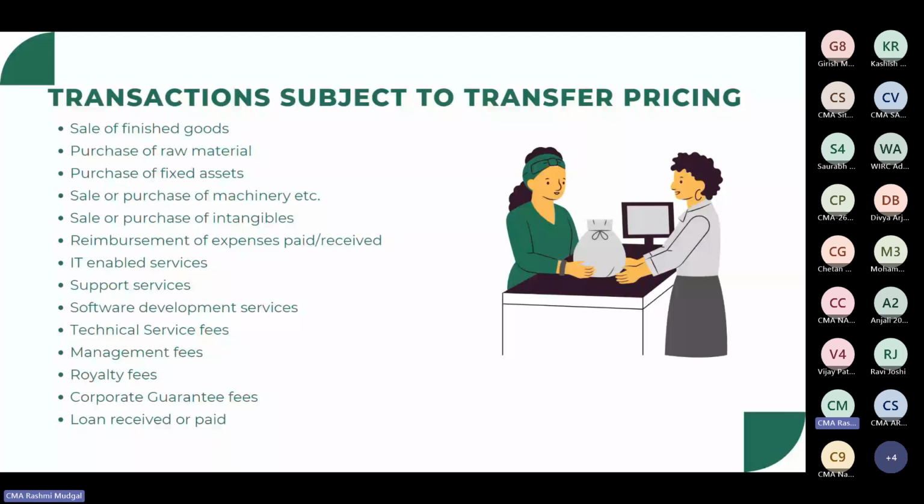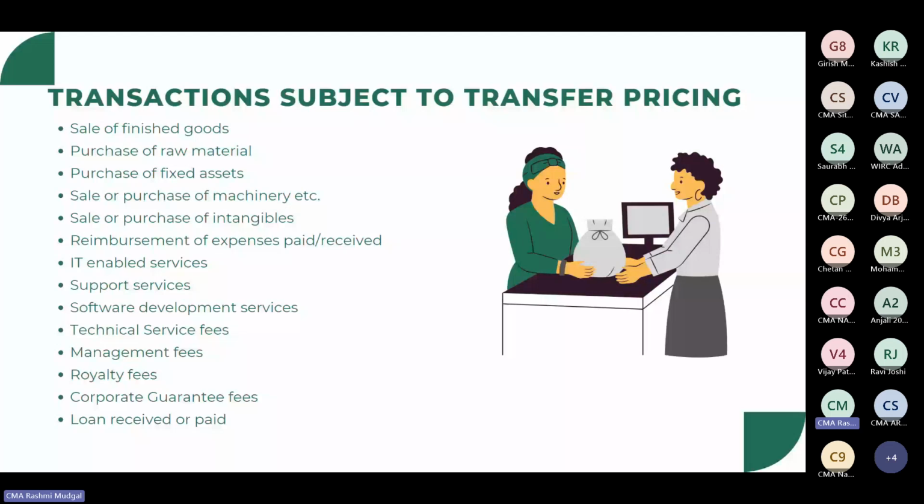There may be a possibility that I am purchasing a fixed asset from a department or from another company which is associated with me in any manner. Maybe the holding, the subsidiary, the associate company, or maybe we are doing a joint venture together. So purchase of any fixed asset from such companies will definitely attract transfer pricing.